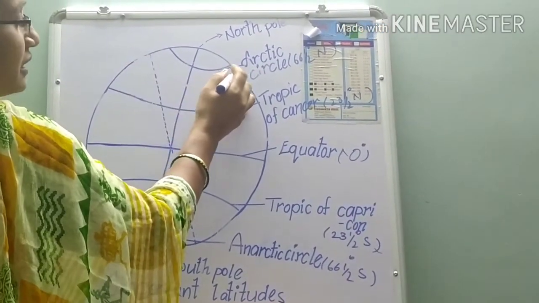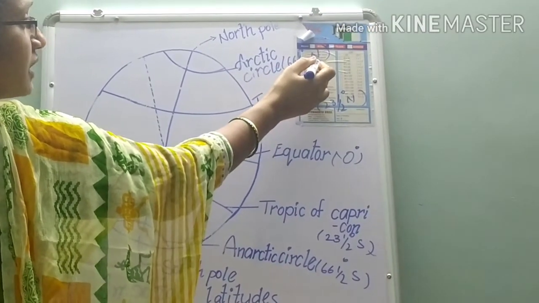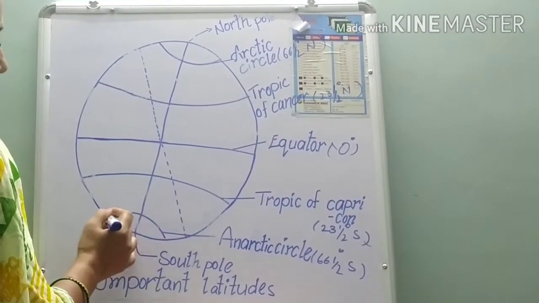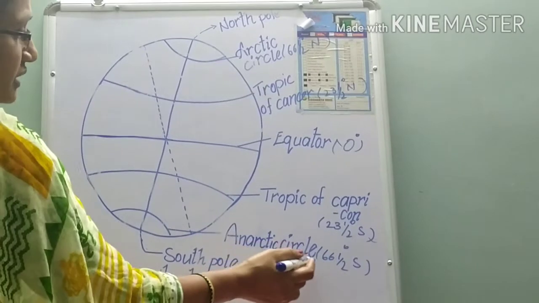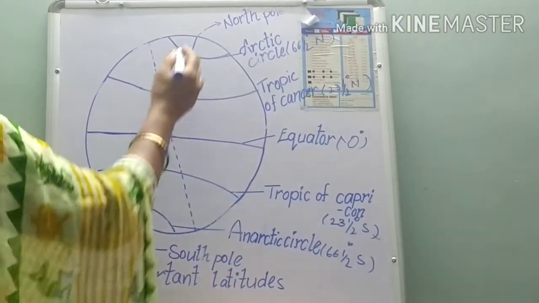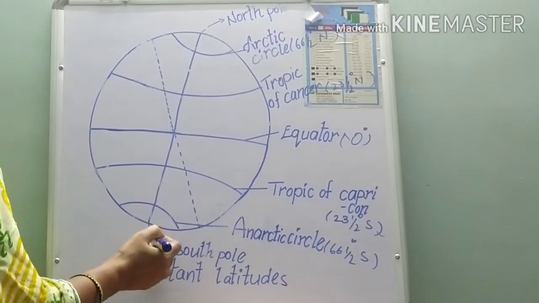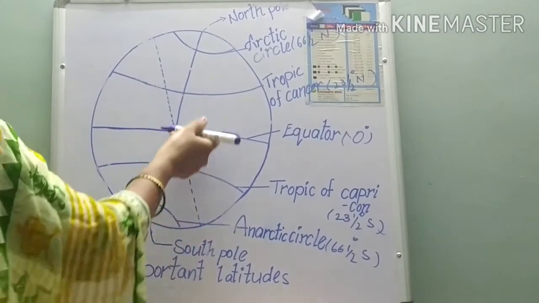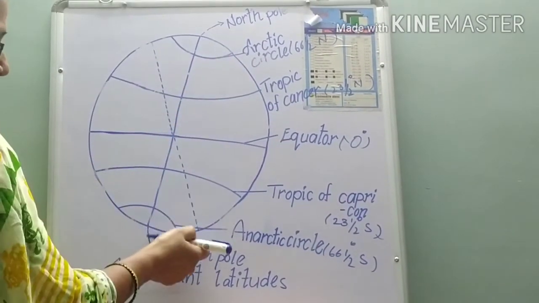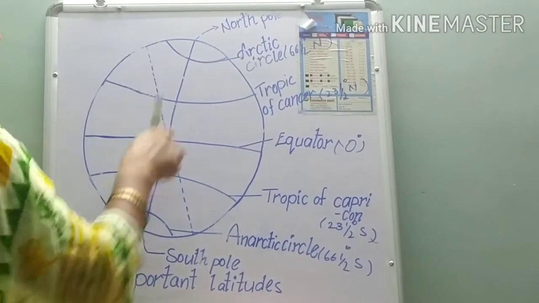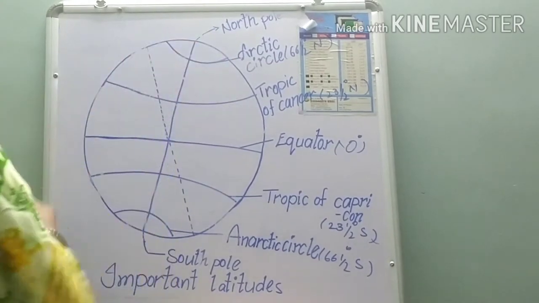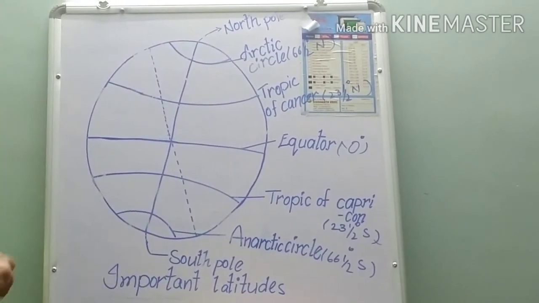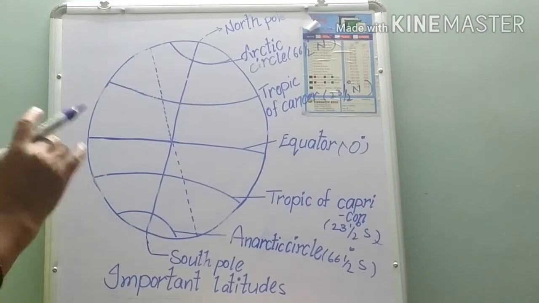The Arctic Circle is at 66.5 degrees north, the Antarctic Circle is at 66.5 degrees south, and this is the imaginary pole. This is the South Pole and this is the North Pole. So these are the important parallels of latitudes.